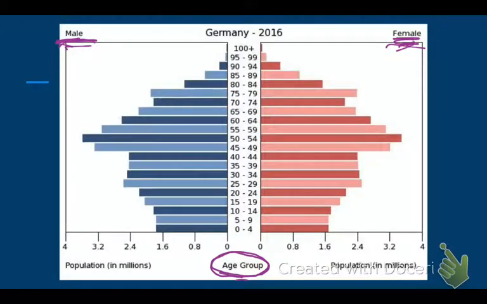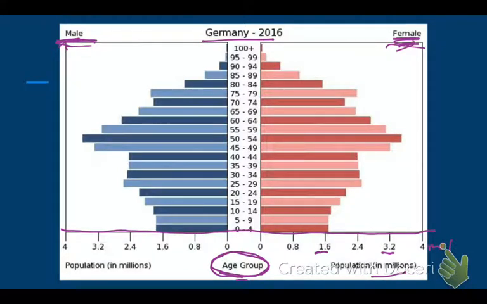Then going along this bottom line, this is showing you the population growth. And notice it says in millions. So this represents 4 million. This is 1.6 million, 3.2 million. So if I ask you a question and I say about how many men in Germany were of the age of 30 years old in 2016.